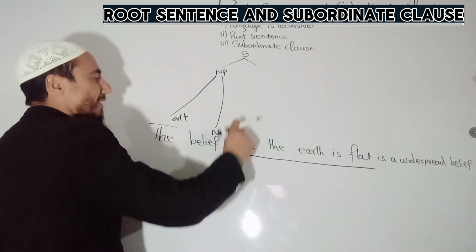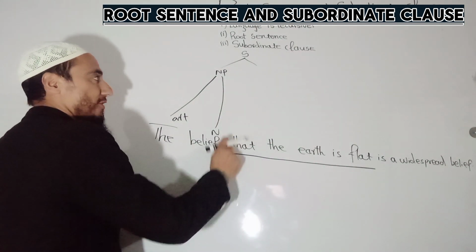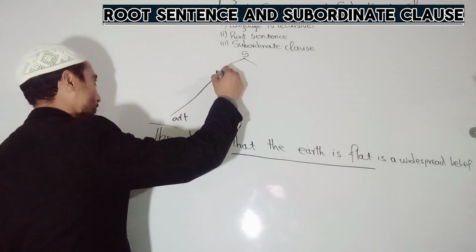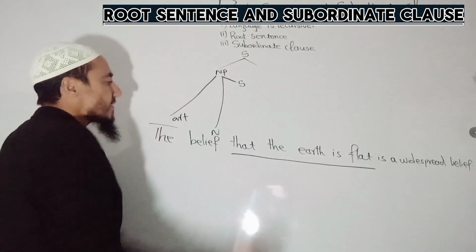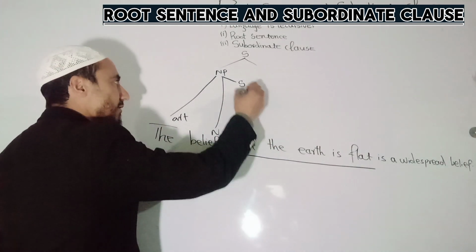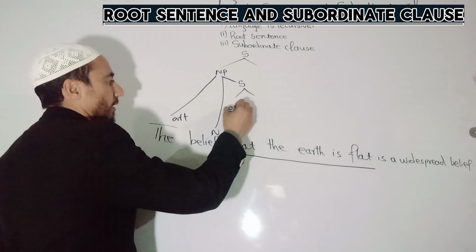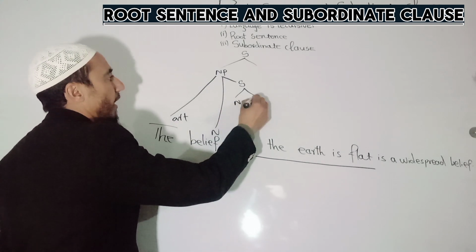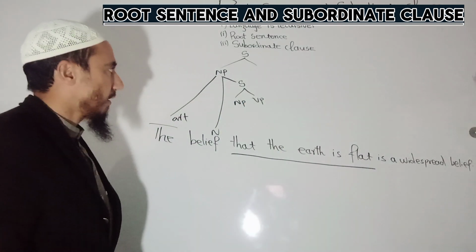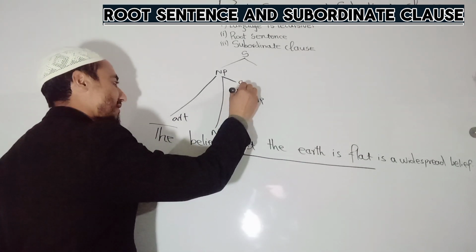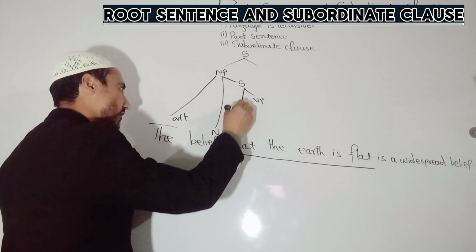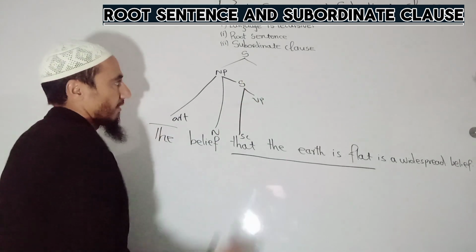Now "that the earth is flat" here is the subordinate clause. So for the subordinate clause we are taking the string from NP. So I'm taking S here. In S we have NP and VP. But before going to NP, let me take the string for SC.